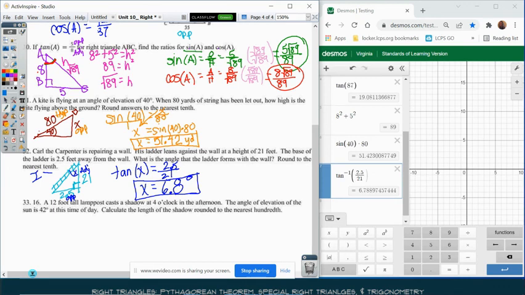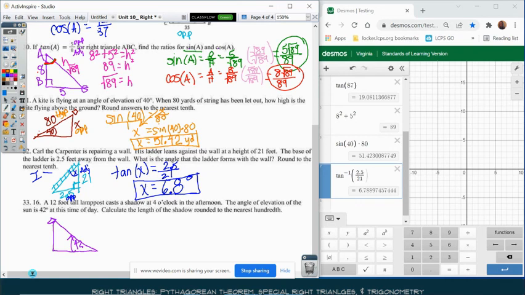Last question here. A 12-foot tall lamppost. Okay, here's our lamppost. Casts a shadow at 4 o'clock in the afternoon. The angle of elevation of the sun is 42 degrees, right? So from the ground, we look up at 42 degrees to see past the light post to the sunshine, right?